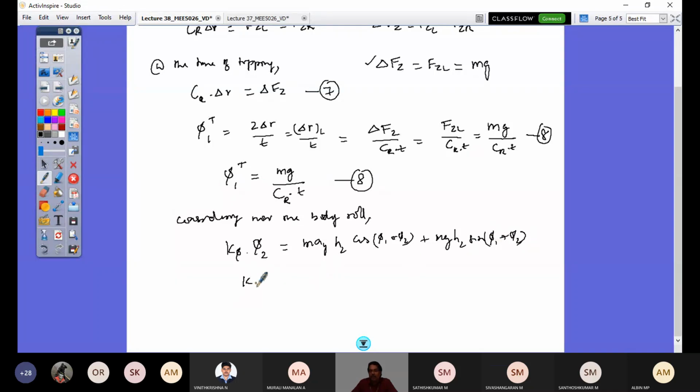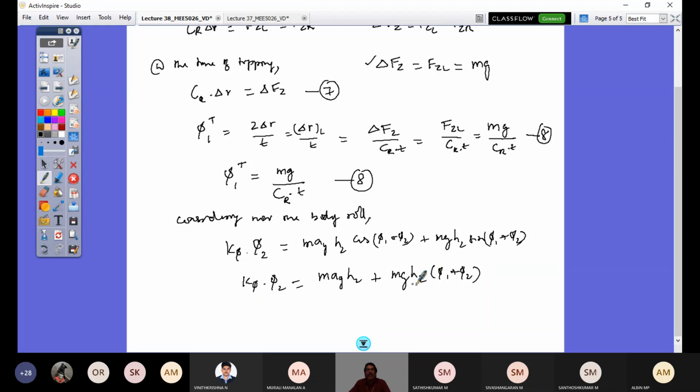So I can write once again K phi into phi2 equals m ay into h2. Well, these angles are small, so I can take cos of angle as 1 and sin of angle as the angle itself. So this is going to be mg h2 into phi1 plus phi2.